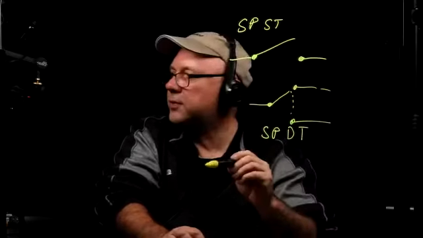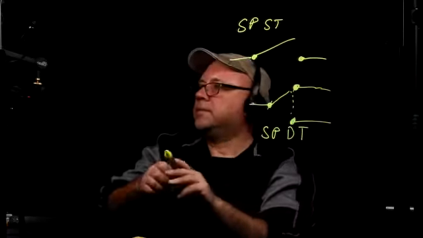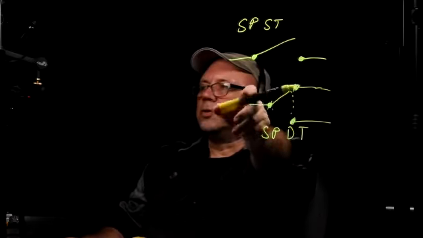So here are the connections. Here are the terminals. Right? Here's the pole that can move one way or the other. So there's a single pole double throw, because you can throw it here to this terminal, or you can throw that pole into that terminal. Single pole double throw.